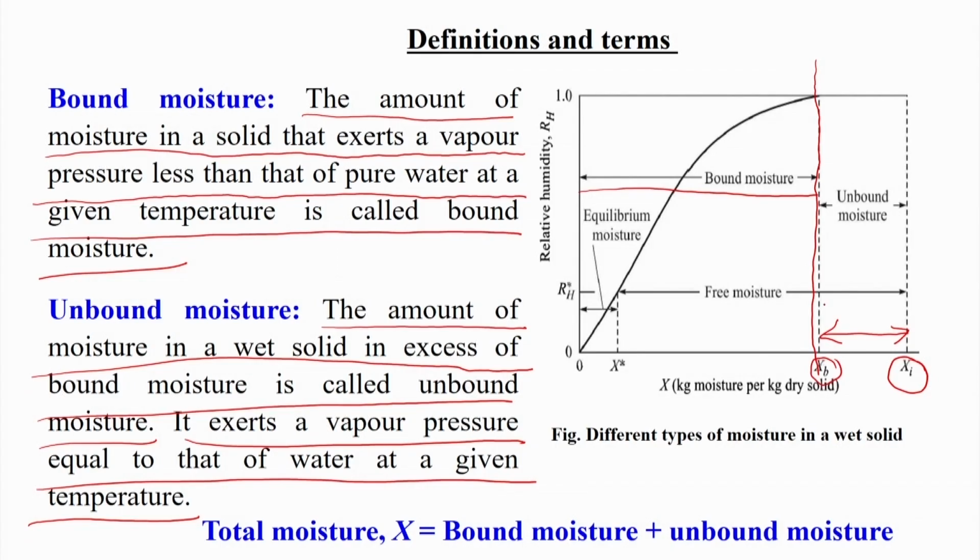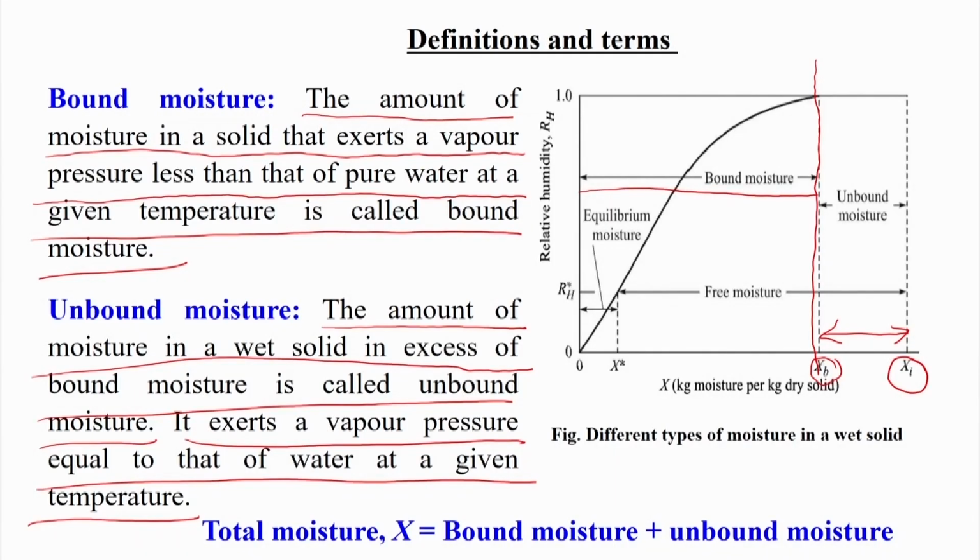The unbound moisture is in equilibrium, meaning the vapor pressure of the moisture present inside the solid material and the vapor pressure at that temperature and pressure remain the same. So the unbound moisture can be separated under that condition without any help of a drying medium.